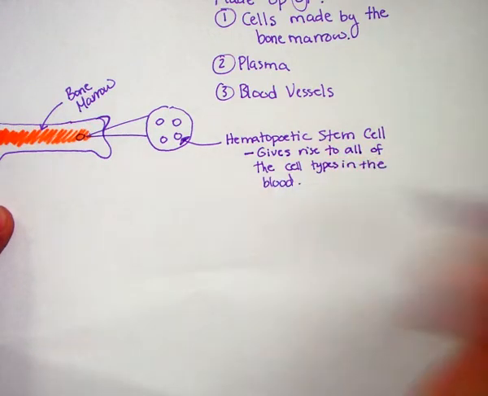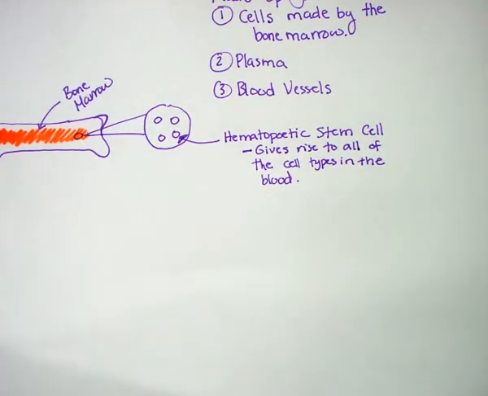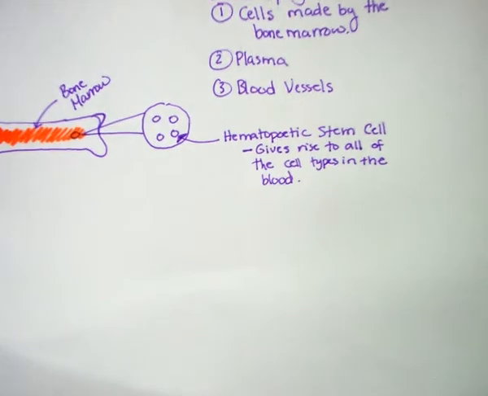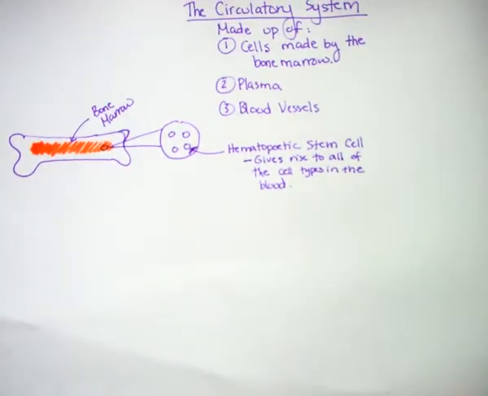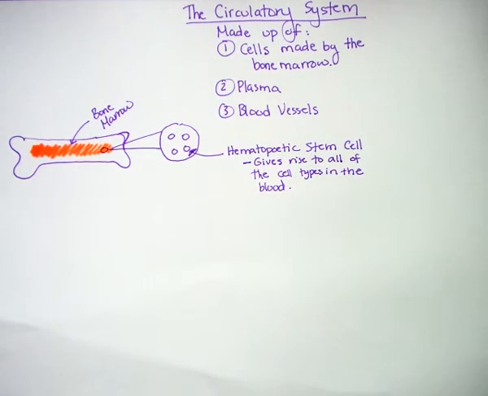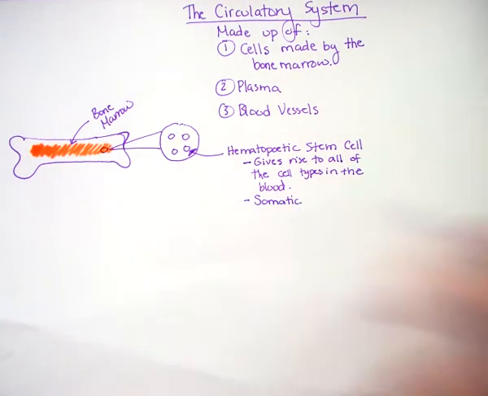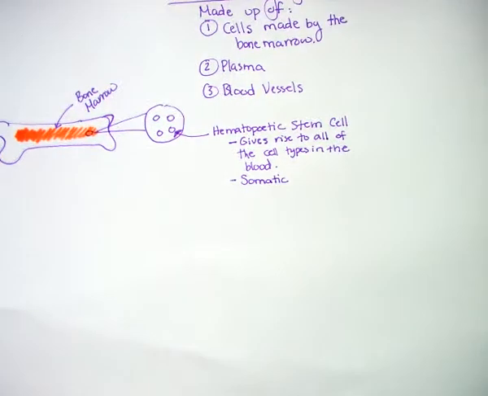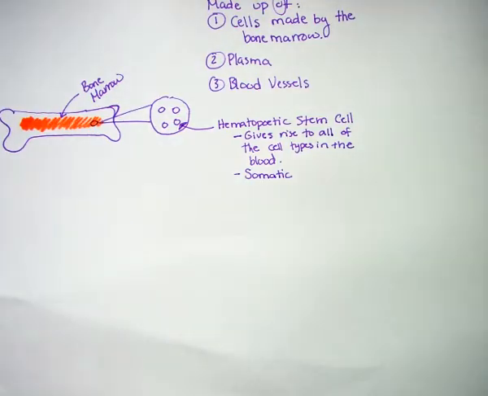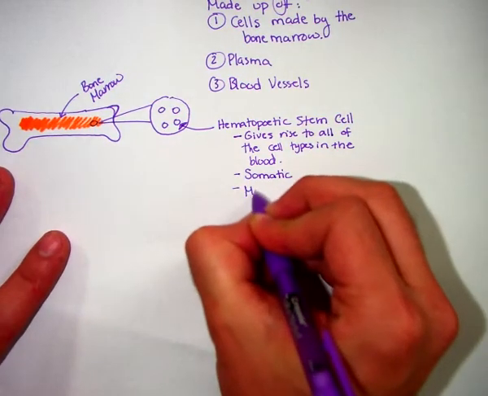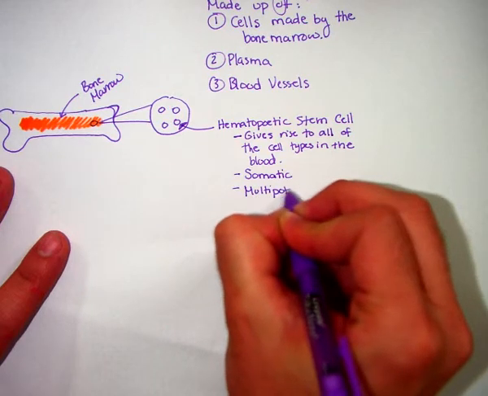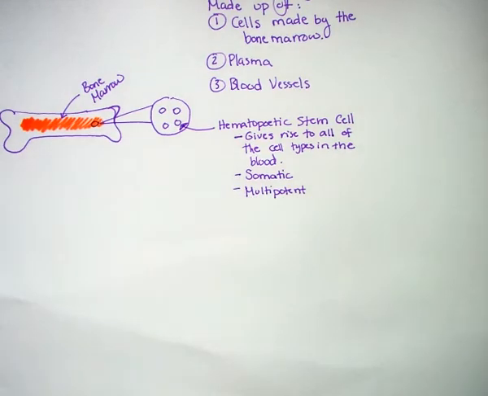Okay, so this one cell can become a bunch of different types. So this is called a somatic stem cell. It's not an embryonic, it's a somatic stem cell. And it's multipotent, meaning it can become a variety of cell types, but not all cell types like an embryonic stem cell.